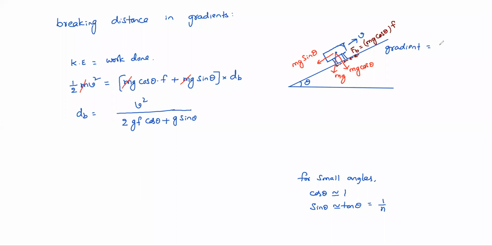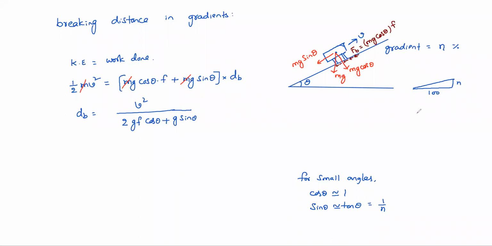Gradient equal to n percentage. N percentage means for 100 meters, let us assume it is n meters rise. Then for 100 it is n. N percent means n per 100.